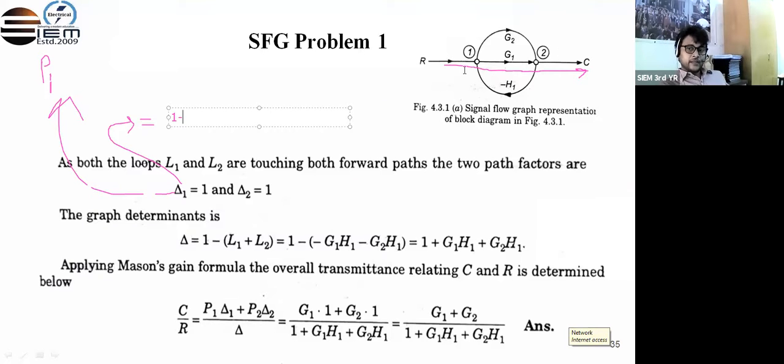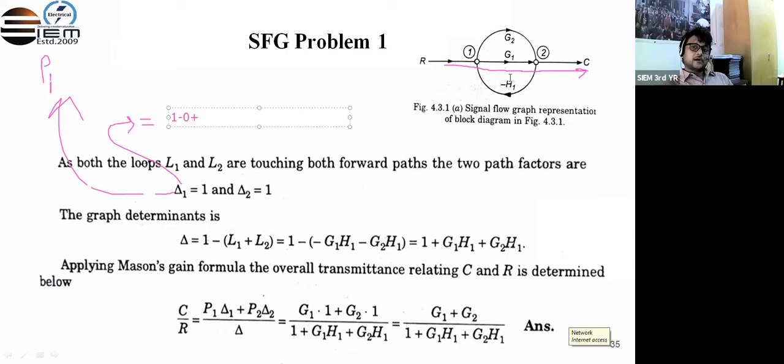Again, the next loop L2 also has the nodes y2 and y3 in common with forward path 1. Okay, so there are no non-touching loops. So in that case, it will be 1 minus 0 plus, what is the next term? Sum of the product of two non-touching loops that do not touch forward path 1.